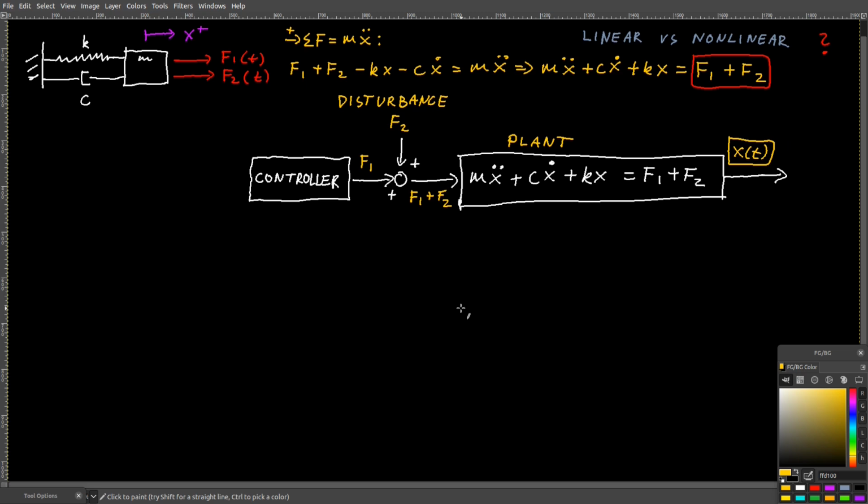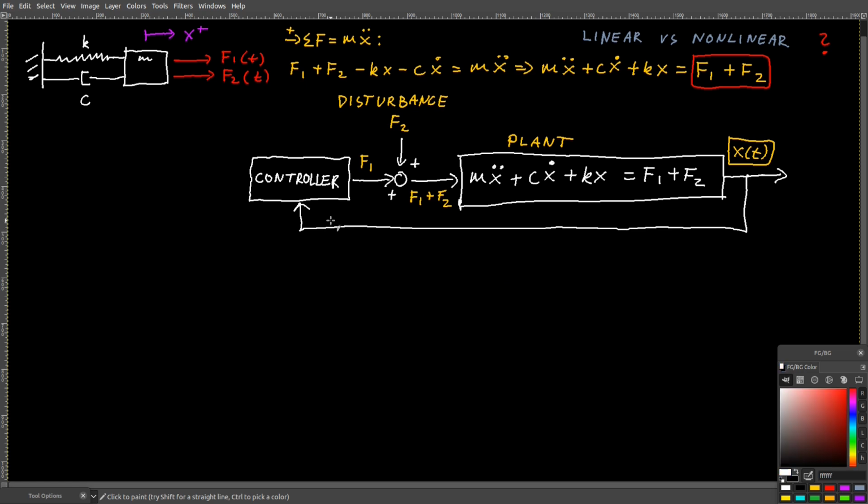For example, a solution could be x as a function of time equals all this. You only have time here, and this is what comes out of the plant. You describe your system in the plant using differential equations, and then you solve it either analytically or numerically, and your solution to the differential equations comes out of the plant.